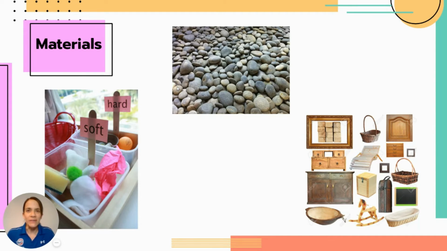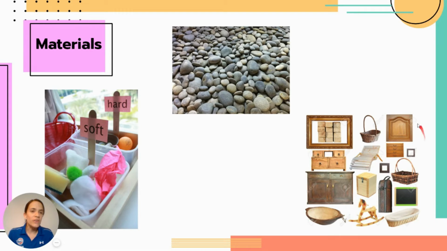Now, let's see the materials. You can also make patterns out of materials. Maybe the objects are not the same size, not the same shape, but maybe they have the same characteristics. For example, these materials here are soft, and these ones here are really hard, like a rock. In this picture, you can see a pattern made out of rocks. They are not the same size, they are not the same shape, but they all share the characteristic of being a rock.